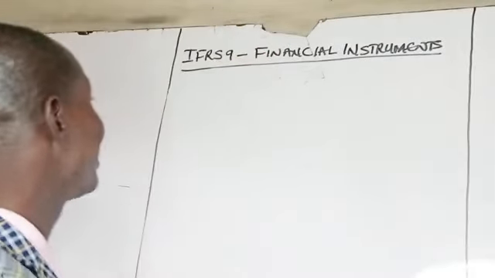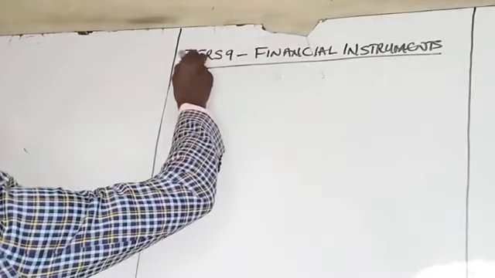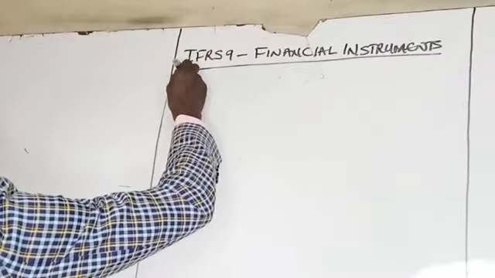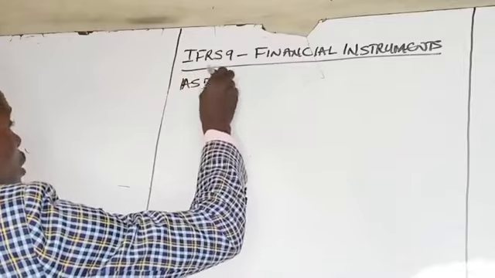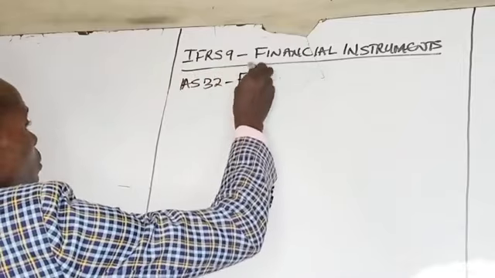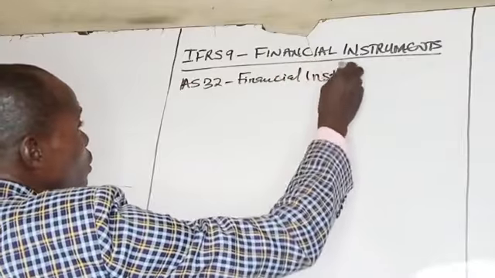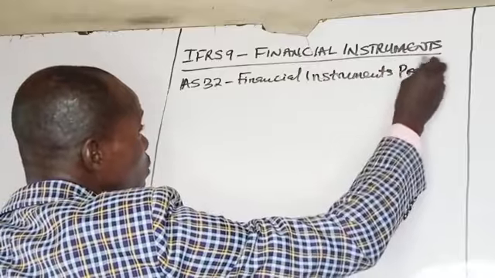So there are three standards on financial instruments. Number one is IAS 32, Financial Instruments Presentation.